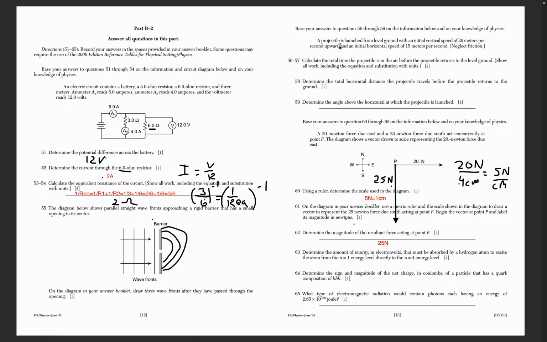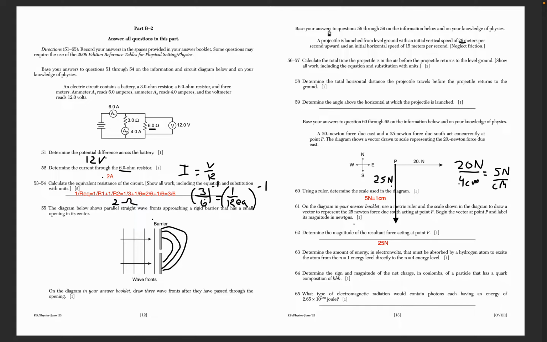56. A projectile is launched from level ground with an initial vertical speed of 26 meters per second upward and an initial horizontal speed. So the initial vertical speed in the y direction is 26 meters per second, and the horizontal speed Vix is 15. Calculate the total time the projectile is in the air before it returns to the level ground.